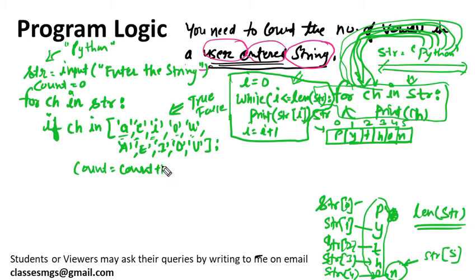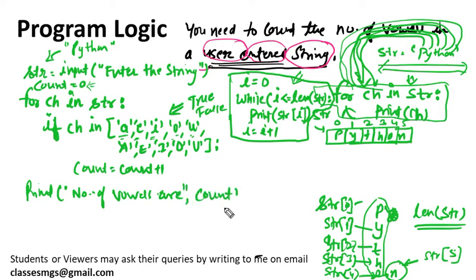So each time we find a vowel, because this loop will ensure each character will come in ch one time at least, and if this character is found in this list, then we increment the counter, which is initially 0, and at the end of this loop you can print the number of vowels are what, that is count.